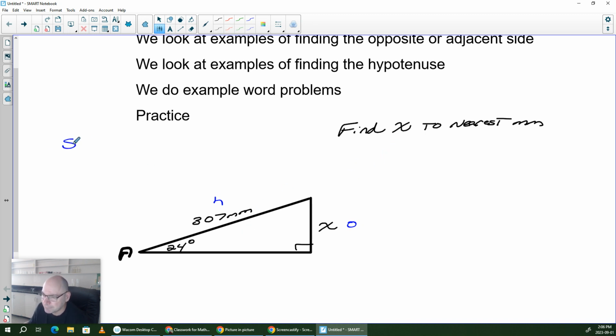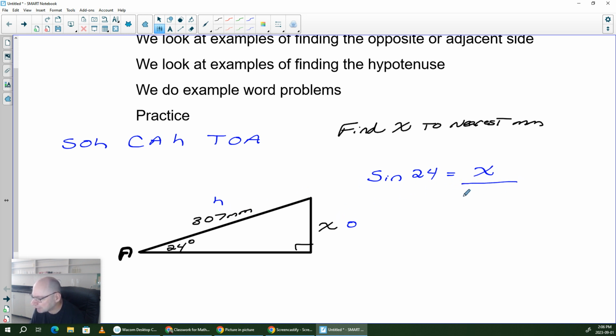SOHCAHTOA. Opposite and hypotenuse, sine. So we're going to go sine 24 equals x, which is our opposite side, over 307.